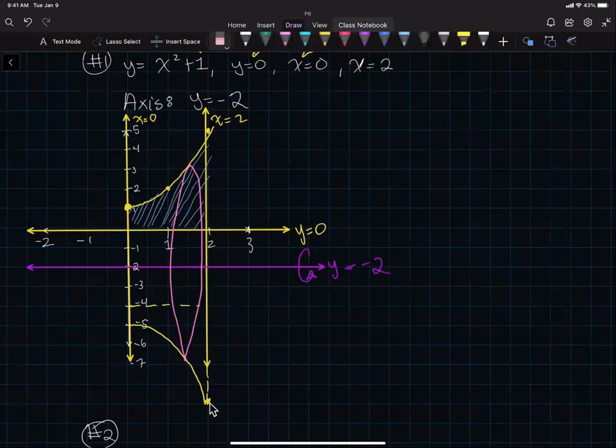Let me try it again. I'm trying to make it a little bit bigger than usual. Okay, so this is my outside disc.